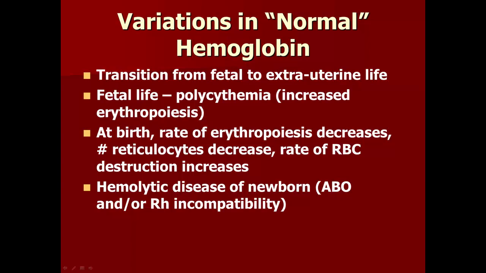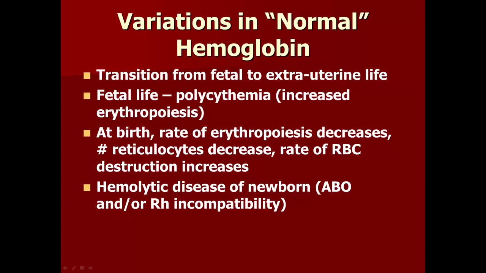Now, we talked about fetal life being a relative polycythemia because of that low oxygen environment. They produce more red blood cells. That's why when they're first born, they have a higher hemoglobin. At birth, that rate then would decrease, and the number of reticulocytes also decreases, and the rate of red blood cell destruction increases because they just don't need as many.